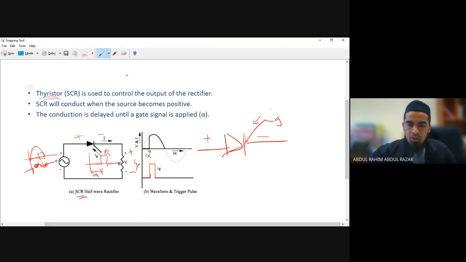It will trigger at alpha, but it will switch off once the cycle enters the negative portion.